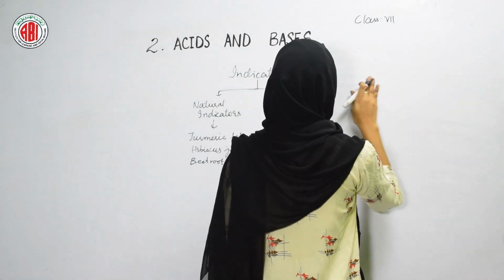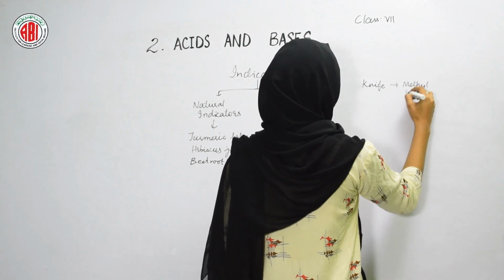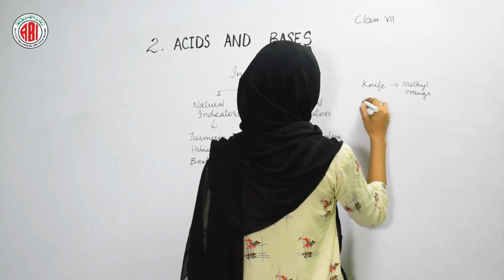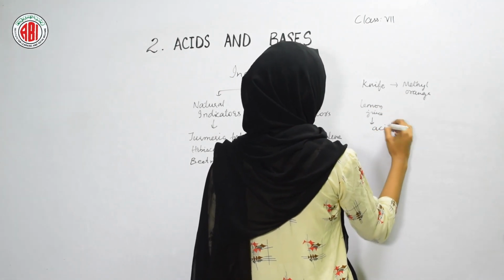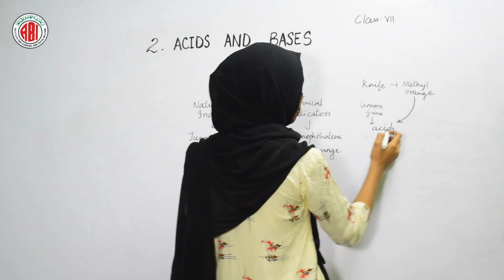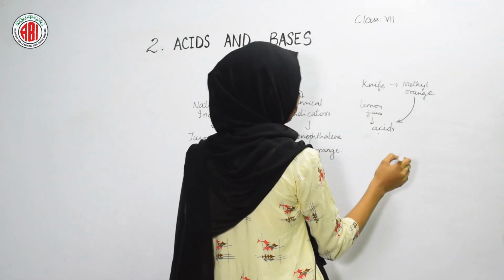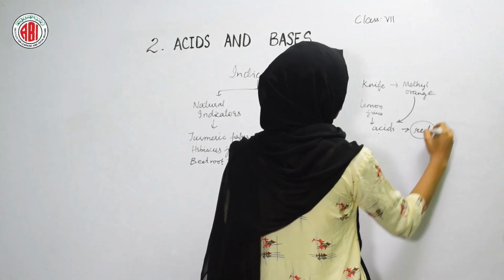When the knife is dipped in the methyl orange indicator, and with this knife we cut the lemon, we know that lemon juice is acidic in nature and it contains acid. When this methyl orange solution combines with the acid that is present in the lemon juice, it changes the color into red.